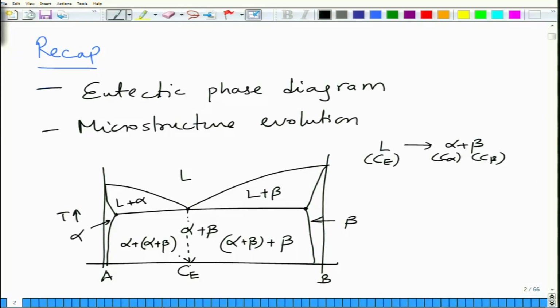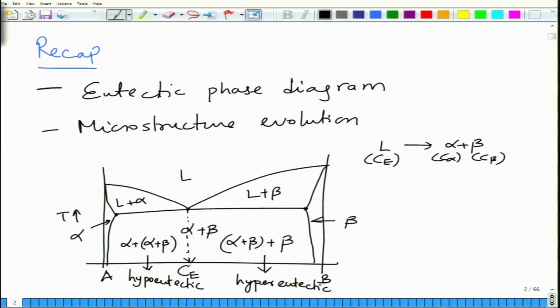The alloys to the left of the eutectic composition are called hypoeutectic alloys, and on the right we have hypereutectic alloys. What we have in these alloys is basically a mixture of alpha and beta.